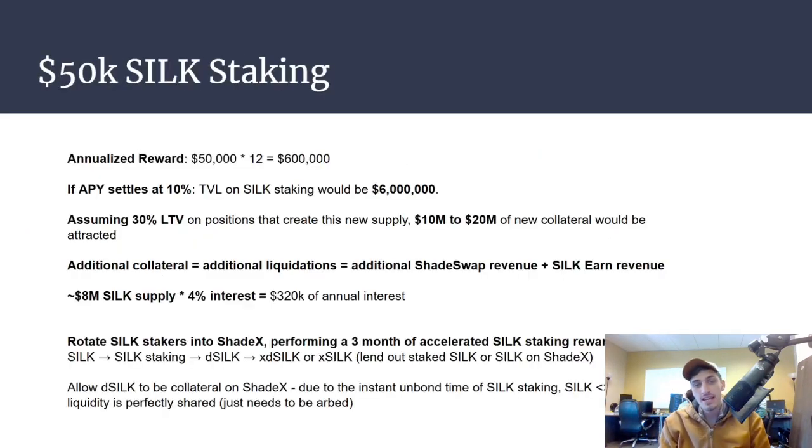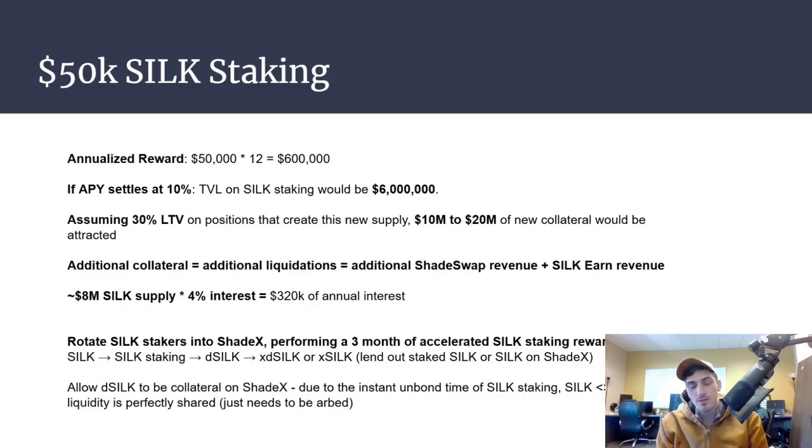And just as a simple thought experiment, if you put down $50,000 of annualized rewards, let's say over the course of 12 months, and if APY settled at, say, even 10%, the TVL on Silk staking would be roughly $6 million. So there would be 6 million new Silk that comes into circulation to stake.